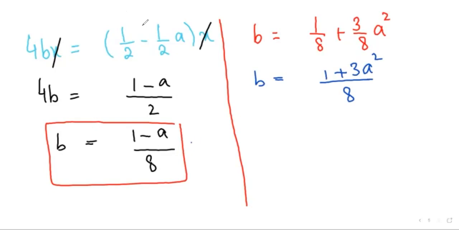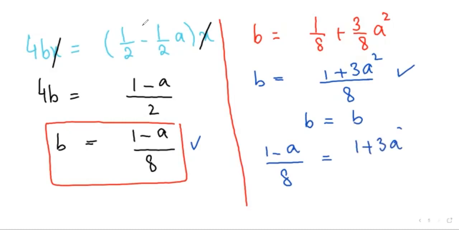So now let's compare them. b equals b. It means 1 minus a over 8 is equal to 1 plus 3a squared over 8. 8 goes with 8. We are left with, and this 1 goes with this 1.